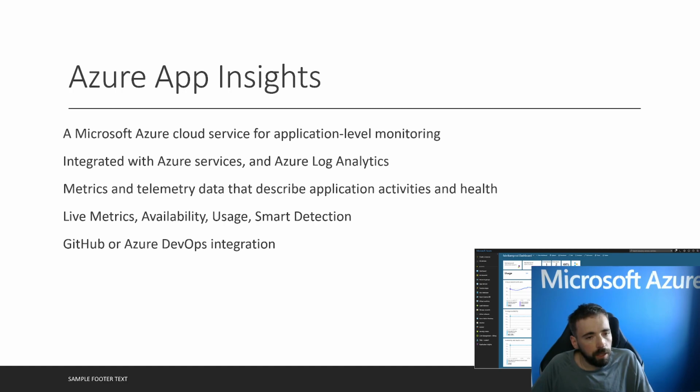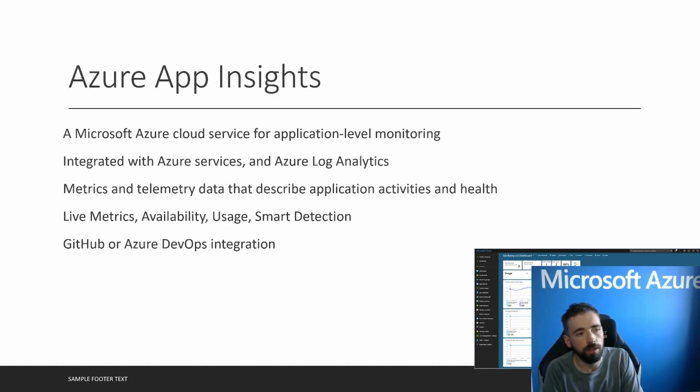Some of the things that we can collect: we've got metrics and telemetry data to describe the application activities and health. We've got live metrics, which observe real-time activity with no effect on the application. We've got availability, also known as synthetic transaction monitoring. We can test the availability and responsiveness of external endpoints over time.